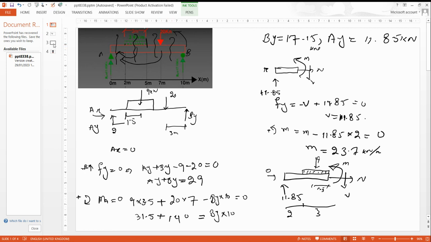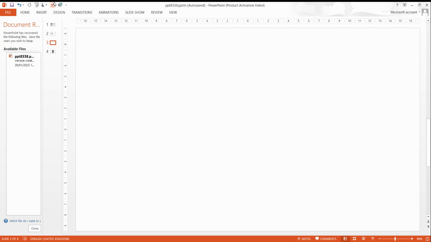Okay, so let me draw the diagram. Now I'm cutting. 11.85, okay, there is force for the 0, here is the UDL, and here is 20, but let me cut it before 20.